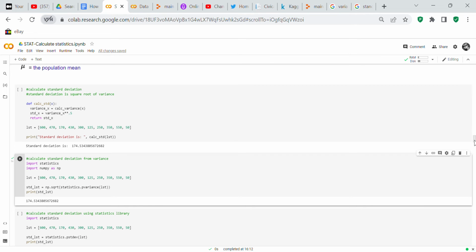So I'm not going to really go into detail about this function that I made for standard deviation except to show it to you. And with this function, you see that the standard deviation of this list is 174.5344. And I may or may not have made a blog post on this code before in the past, but I'm doing it now.